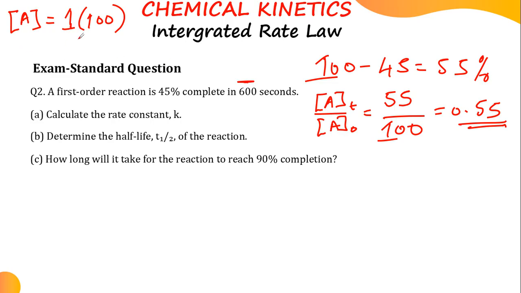If you're using decimals, like the way we have converted into a fraction, then your initial is 1. When you take it to be 100, you get your 55 directly. When you get 0.55 in decimal, then your initial should be 1. Are you clear on my explanation?